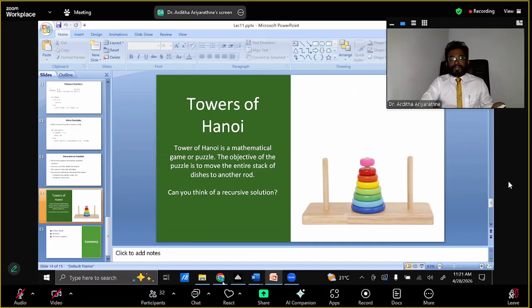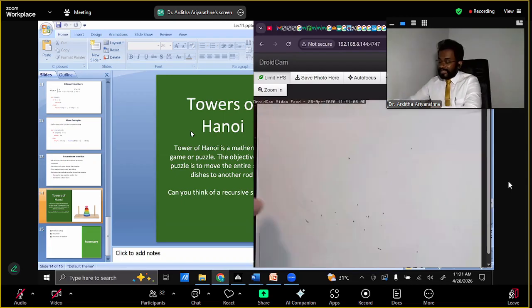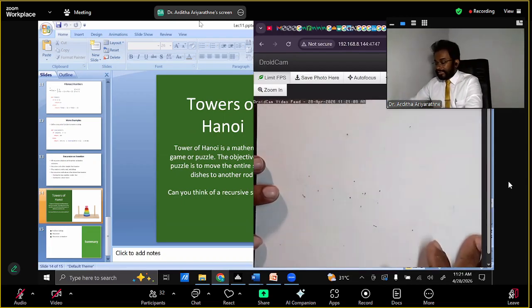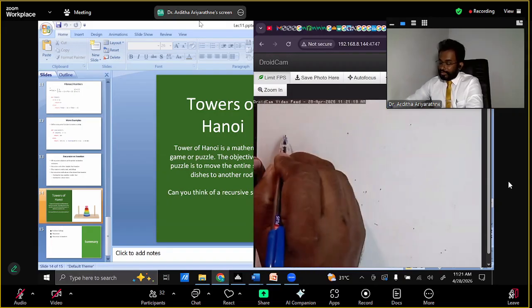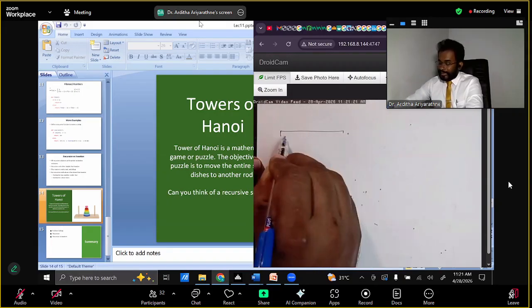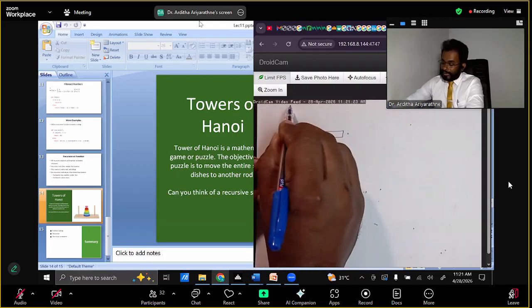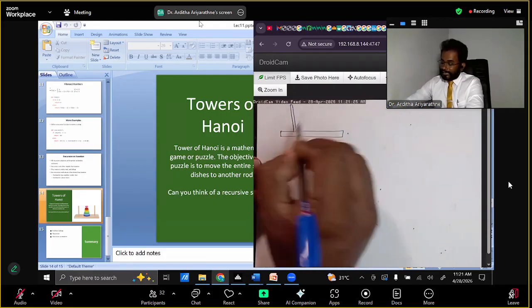Towers of Hanoi is a game. Actually, we can solve this game by using a recursive program. We can use recursion to solve this game, right? I am pretty sure you played this in your childhood. Here there are 3 poles like this.